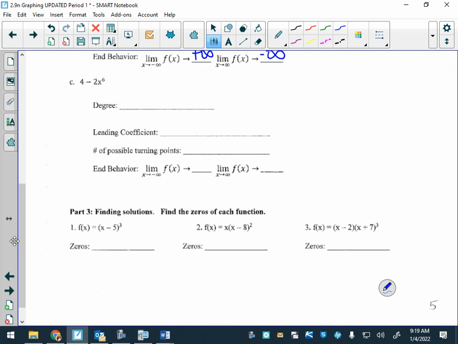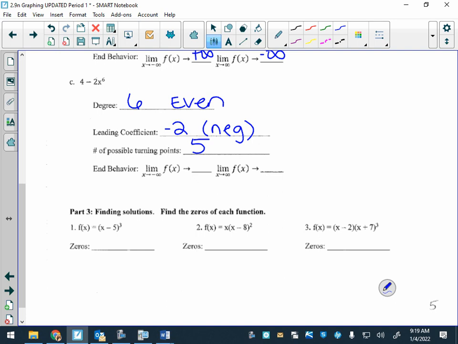Okay. And then the last one here. What is the degree? 6. Odd or even? Even. Okay. Leading coefficient would be what? David? -2. How many turning points? Yep. 5.